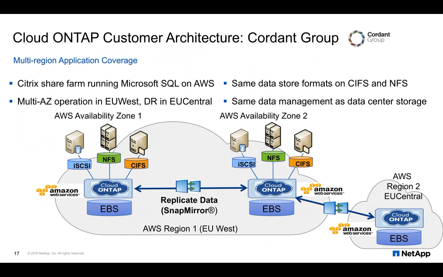When they've replicated up into AWS, they're in the Western European region, EU West. Within that region, for high availability, they have a Cloud ONTAP system in one availability zone and one in another availability zone connected to their hosts. Then for DR purposes, they replicate over to EU Central. They're very happy with how easy it is to manage not only their data, but their SQL applications in the cloud.